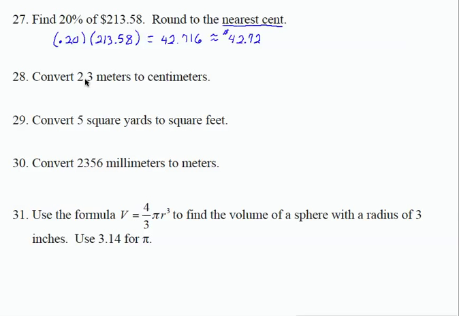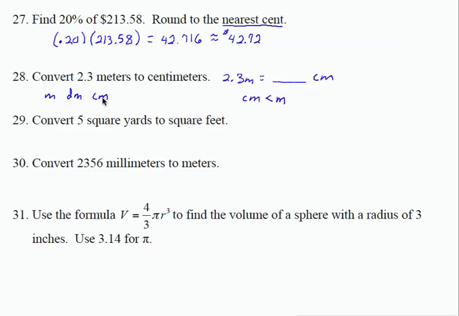28, I'm going to convert 2.3 meters to centimeters. So I'm going to write out 2.3 meters equals a certain number of centimeters. And the unit that we want, which is centimeters, is smaller than meters. If I look at my metric chart, I have meters, then decimeters, then centimeters.